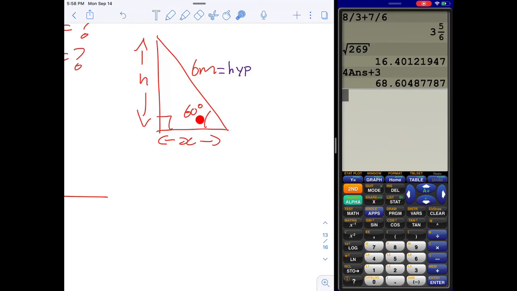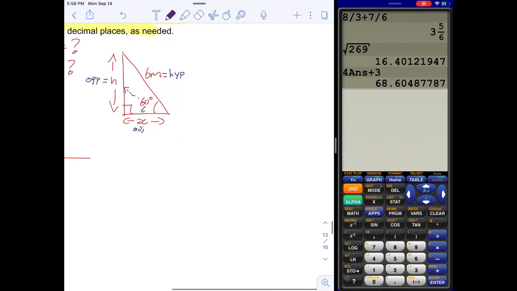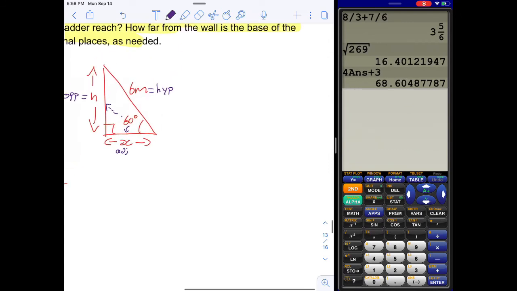In the perspective of this angle, where is the opposite side length? That would be h. So opposite to 60 is h. The adjacent would then be x, because remember, hypotenuse can never be adjacent. So here, let's solve for x.